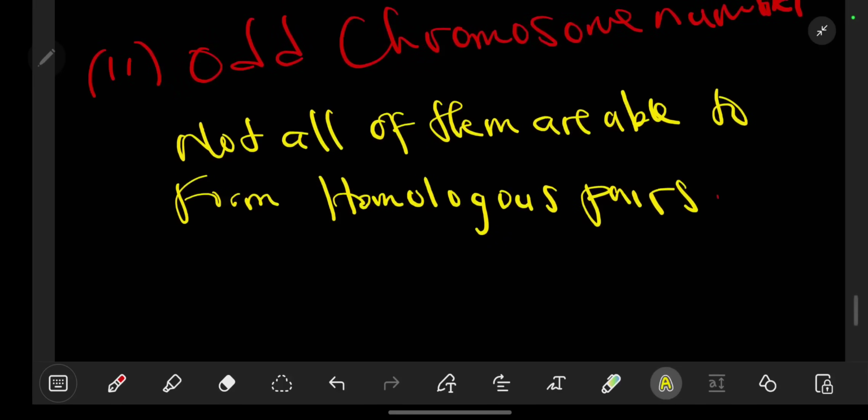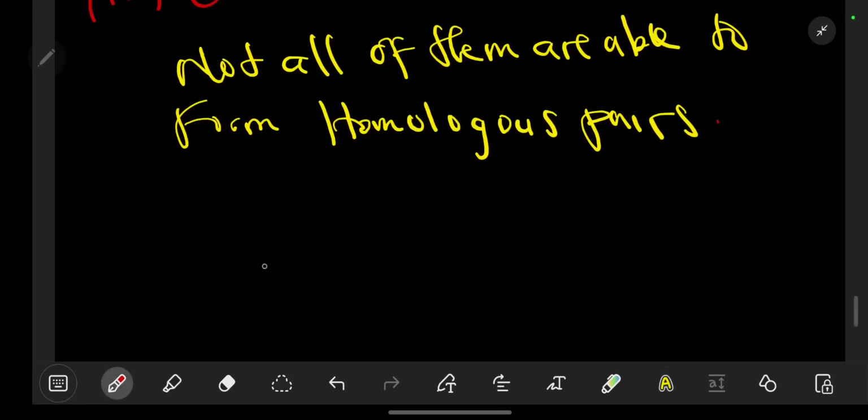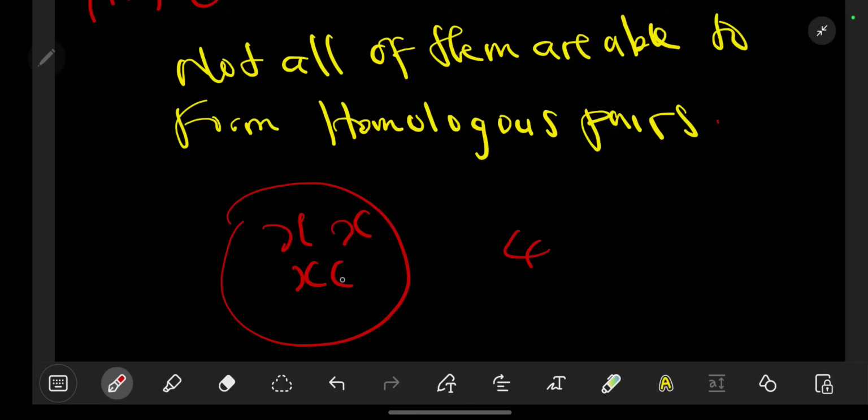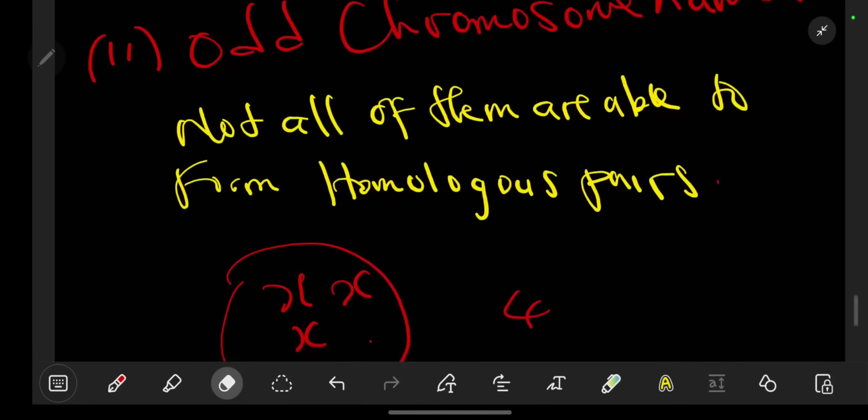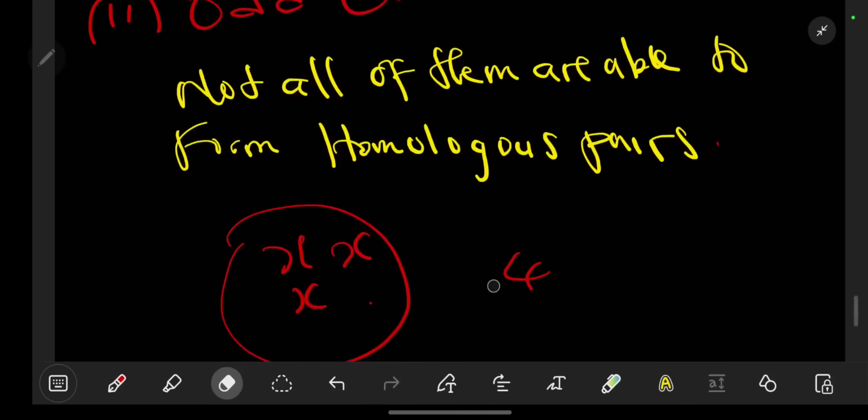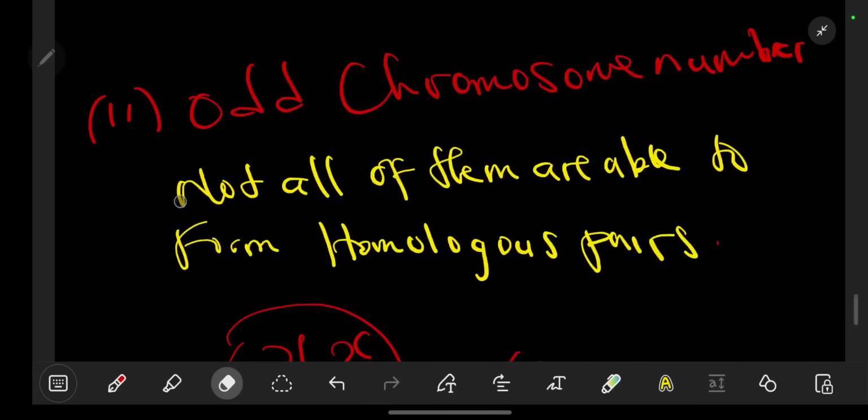Then as you know, the homologous pairs, let's say if we have 4, we can have something like this. So these are pairs. If we have 4 chromosomes, they can form 2 pairs like that. But since the mule has got 43, an odd number, not all of them have a pair, and that would cause the mule's inability to reproduce. So that's number 1.